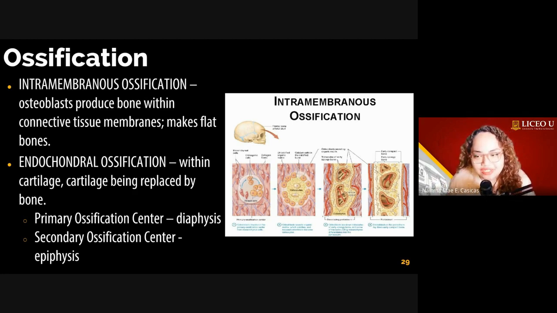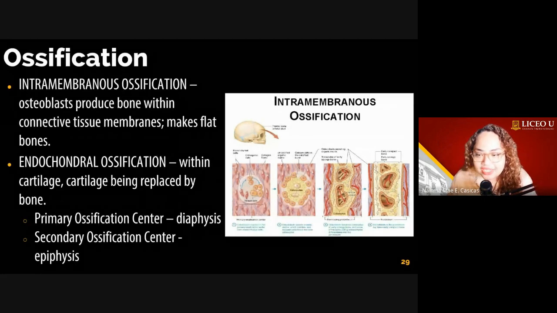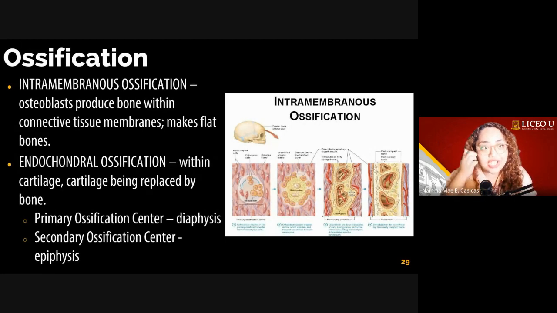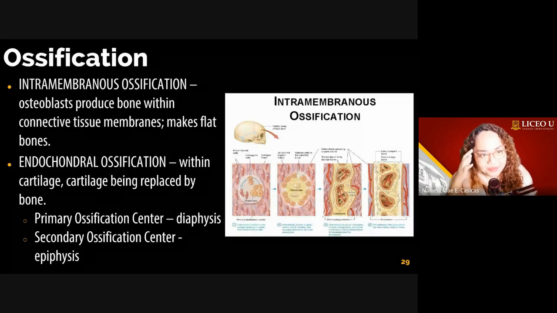You have two kinds of ossification. You have your intramembranous ossification and your endochondral ossification. When you say intramembranous, intra means within, and membranous means membrane. So, ossification within the membrane.